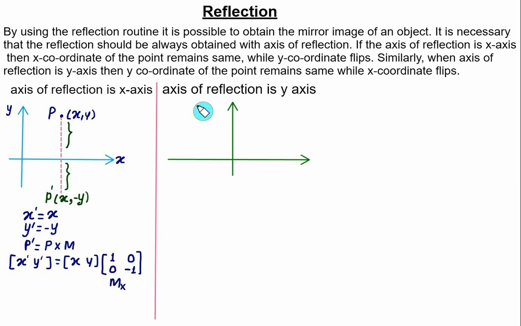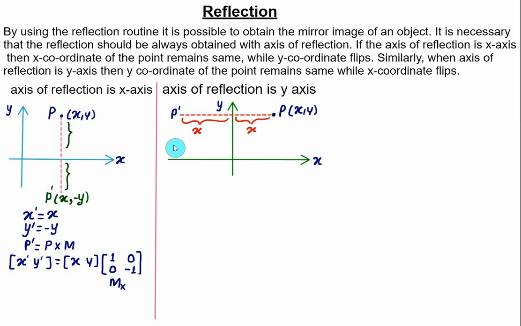Consider the second case here. We have the axis of reflection as the y-axis. Let's consider we have a point P, which has coordinates x, y. Since the axis of reflection is the y-axis, you will get a mirror image of P. But distance is always a positive value, so this distance is x as well as this distance is also equal to x.